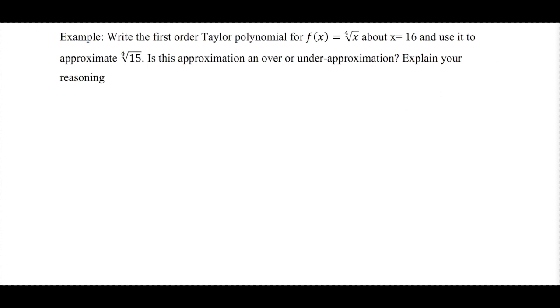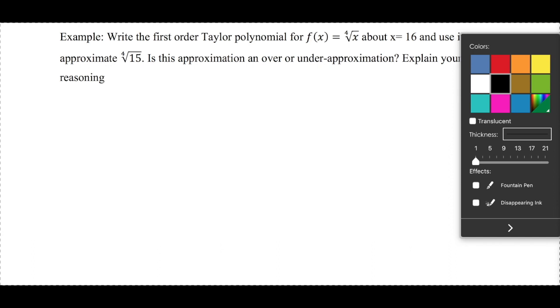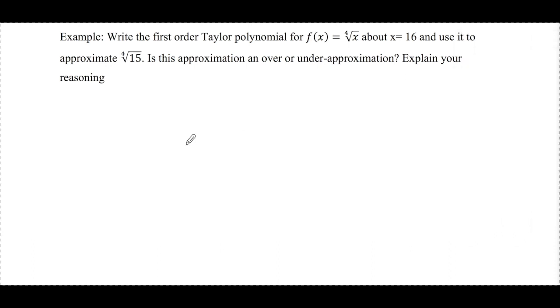So starting to write that polynomial, we need to make sure we remember that formula for our Taylor series. We're going to return to this a lot. Remember, we're looking for the kth derivative of f at a over k factorial times x minus a to the k for each of our terms in our Taylor series.